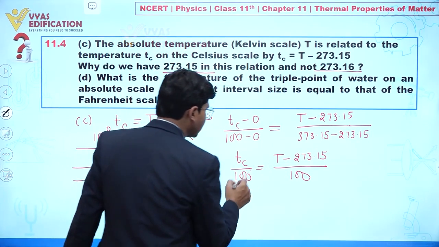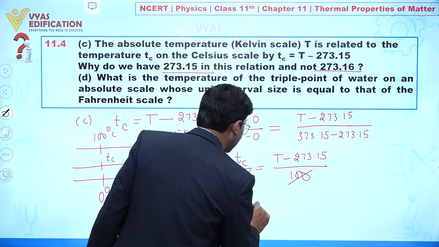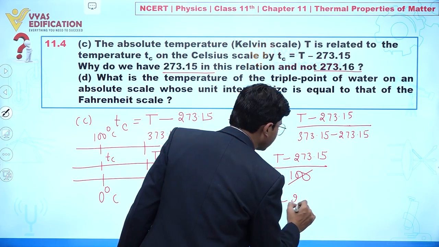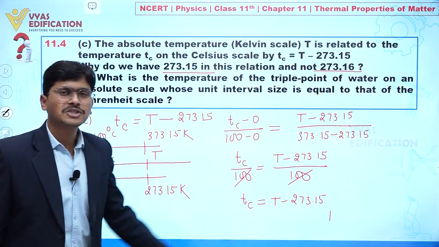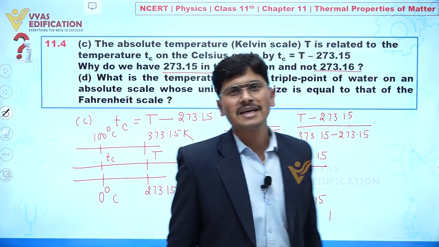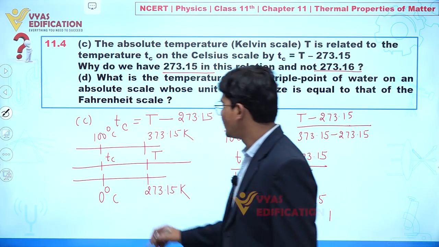So from here this is equal to Tc by 100, and this is equal to T minus 273.15 divided by 100. So this one and this one cancel out, and you can write Tc equal to T minus 273.15. So we get this expression whenever we take our lower limit at 0 degrees Celsius.